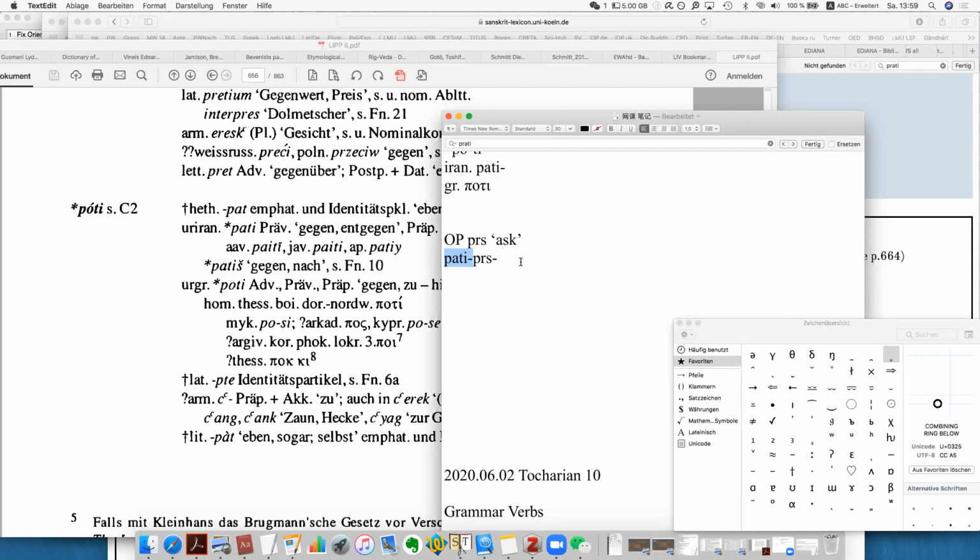So ask means to get information from others. And then prati-prch is actually to give information to others. So this is basically the semantic change. Then it means to read, to tell. To read something.